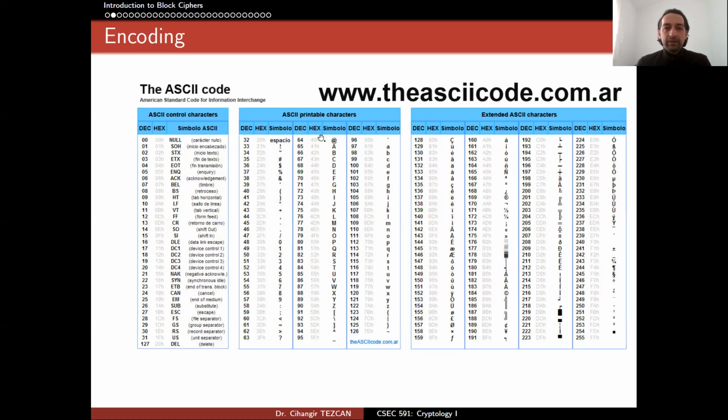And capital letters start from here, and small letters go here, and so on. Of course, these are the integer representation, these are the hexadecimal representation, and so on. So, in order to perform cryptographic operations, we first assume that everybody speaks the same language, so they have agreed upon an encoding first.